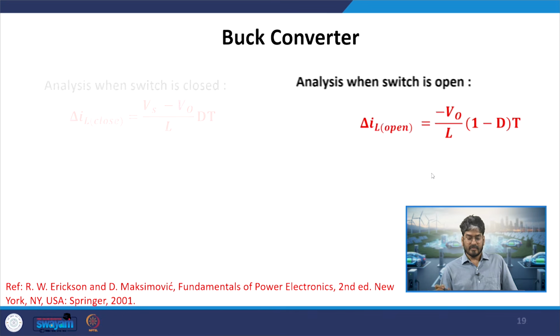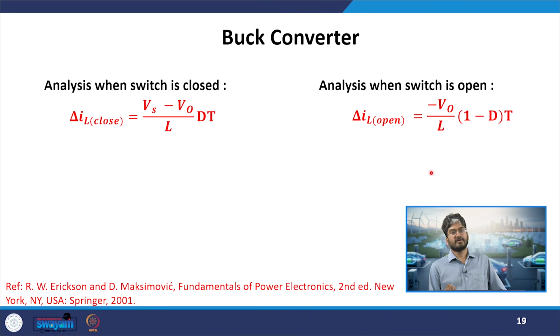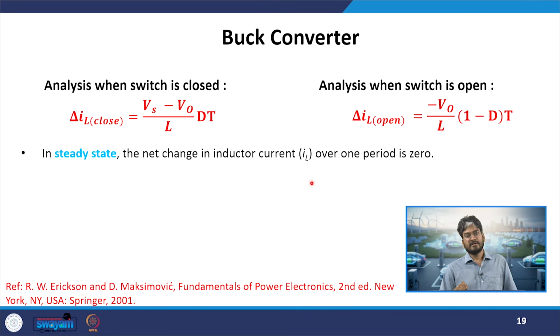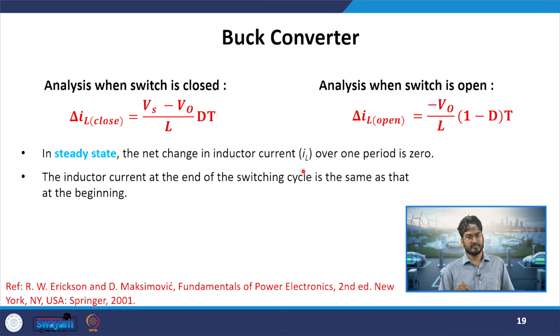Now, coming back to our first assumption, that the circuit was in steady state, the inductor current should start from the same point over a cycle. And the second way to derive the relation between input and output voltage is that the average inductor voltage should also be equal to 0. From the first assumption, the inductor current should start from the same point and end at the same point.